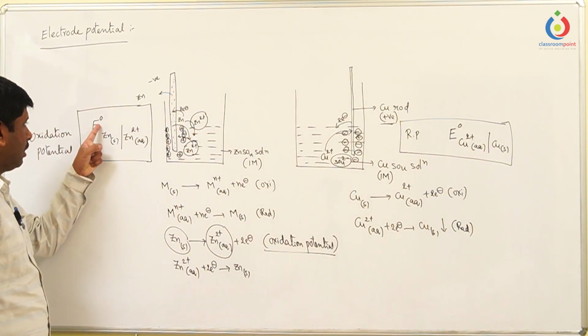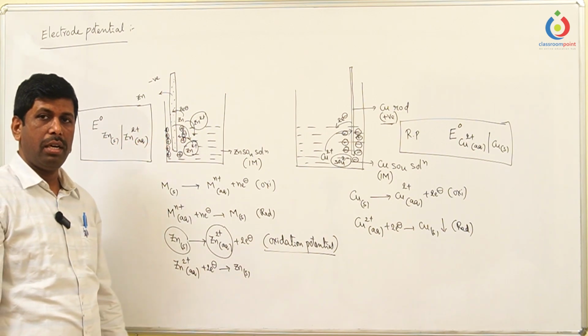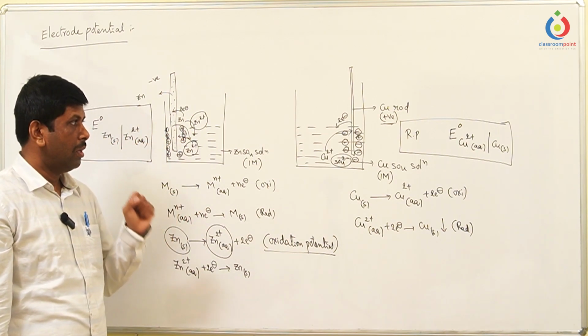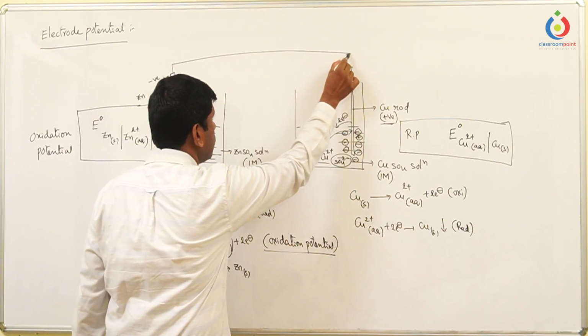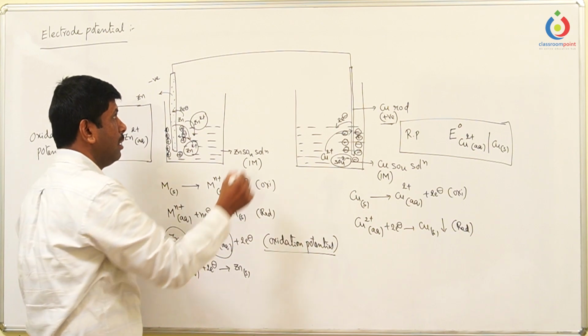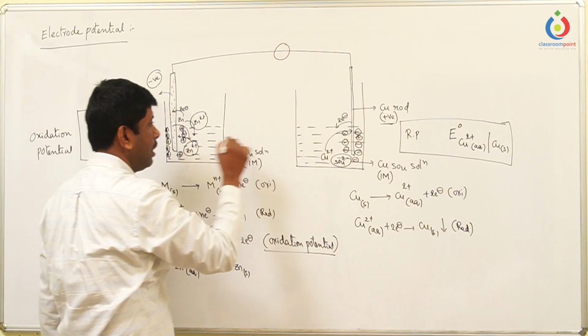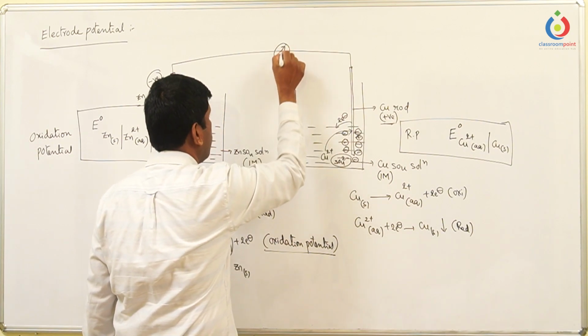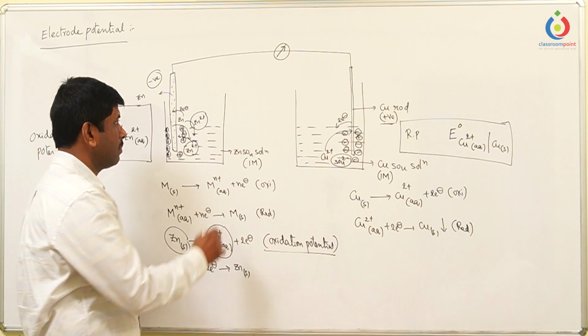So here it is the standard oxidation potential, and there it is the standard reduction potential. Now, when these two are connected by a metallic wire, an ammeter is present. You know that electrons flow from the negative electrode to the positive electrode, so the ammeter tilts towards the copper rod, as we discussed in the galvanic cell construction.